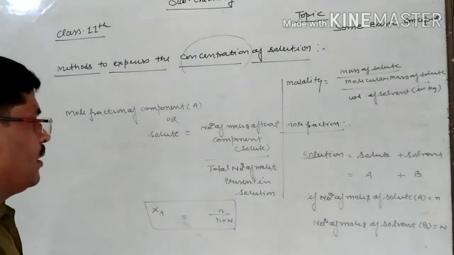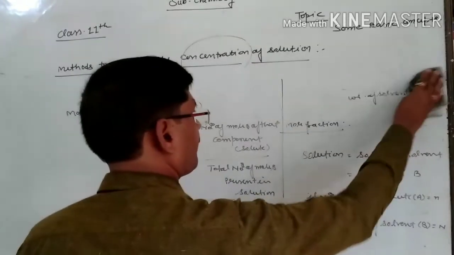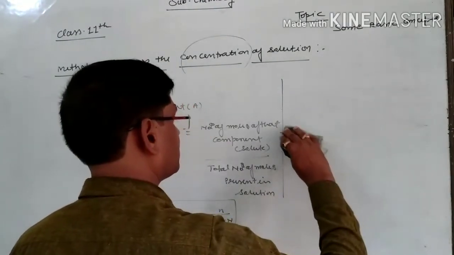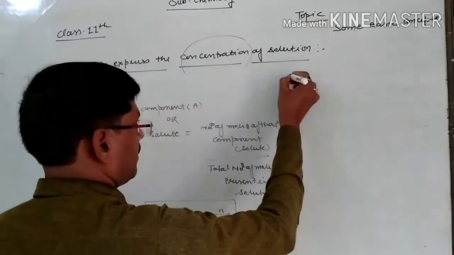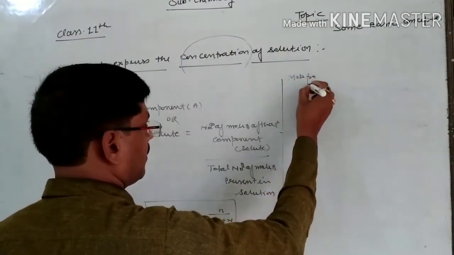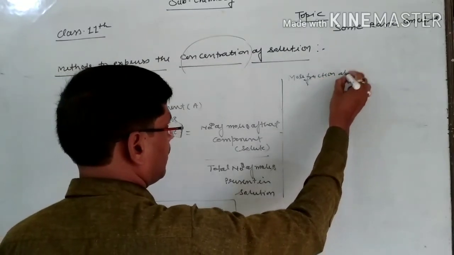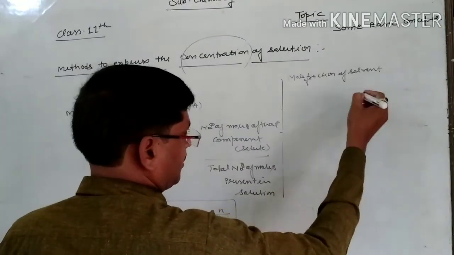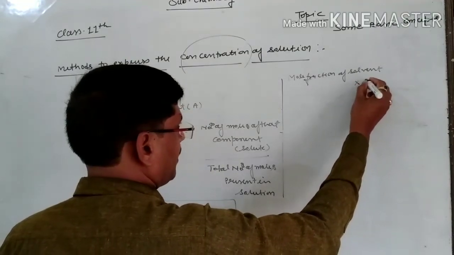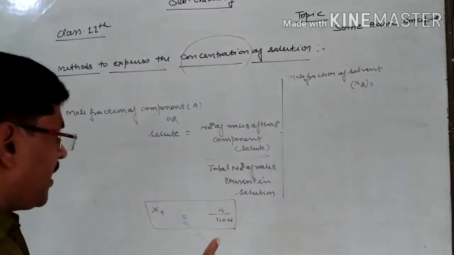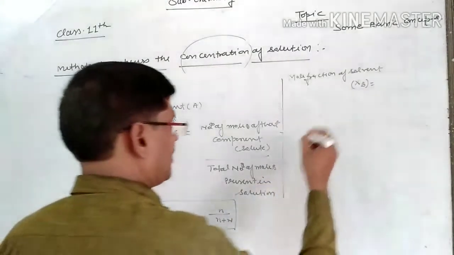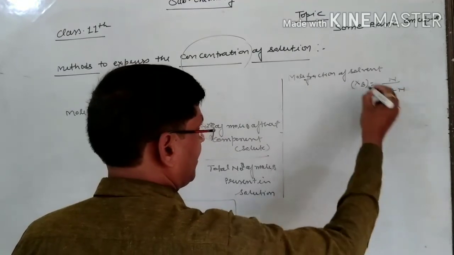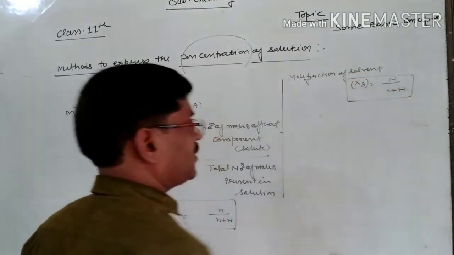After that, to find mole fraction of solvent, as you see there, I have taken B, so XB is equal to number of moles of that component, meaning number of moles of solvent, capital N, upon total number of moles, small n plus capital N. So this will be the mole fraction of solvent.